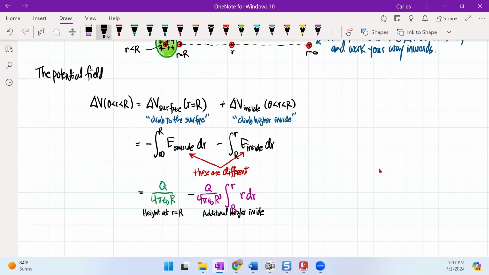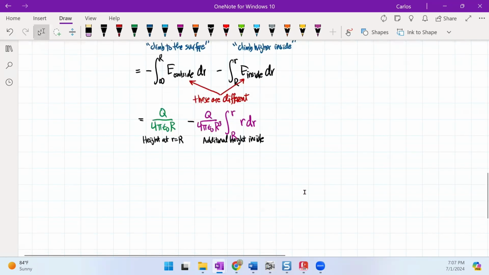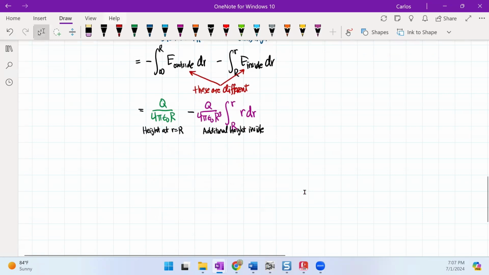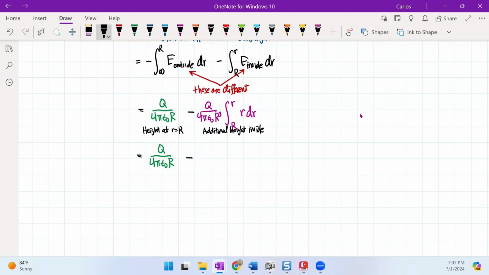So now let's calculate this. If I integrate this, I get the exact same term here, so that hasn't changed. Now I have to integrate this guy, which is a fairly simple integral, just a factor of r.